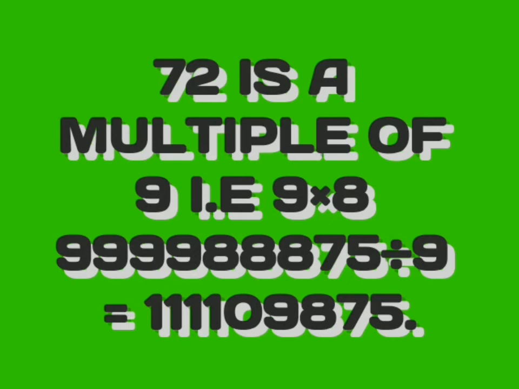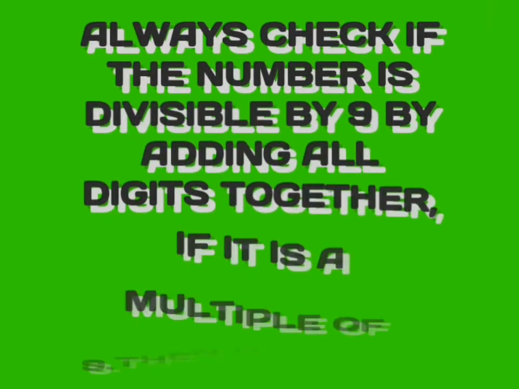And because it's a multiple of 9, by the time you divide the number, which is 999988875 divided by 9, you end up having 11109875. You can see that the number is a multiple of what? 9.